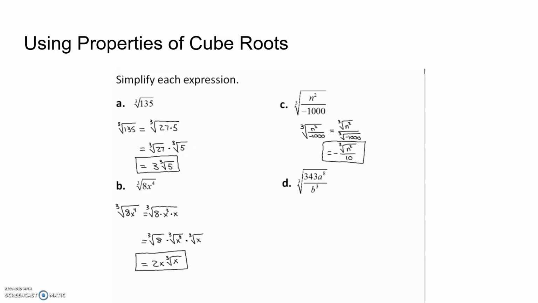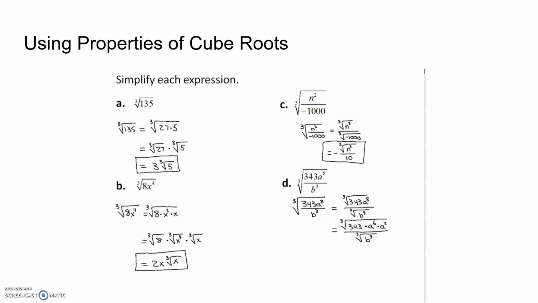Part D, the cube root of the quantity 343a to the 8th power divided by b cubed. First, use the quotient property of cube roots. The cube root of the quantity 343a to the 8th power divided by b cubed equals the cube root of 343a to the 8th power divided by the cube root of b cubed. Next factor using the greatest perfect cube factor. The greatest perfect cube factor of a to the 8th power is a to the 6th power. So the expression can be rewritten as the cube root of the quantity 343 times a to the 6th power times a squared divided by the cube root of b cubed.